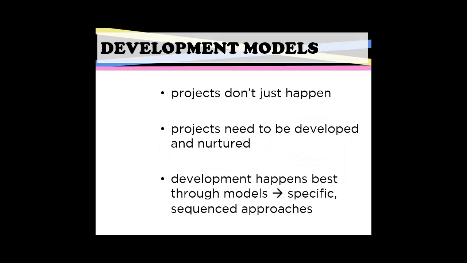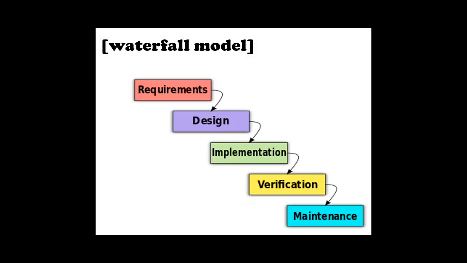Along with the project life cycle and ways of mapping it are project development models. There's no one right way to map a project, and there's no one right model to use. But there are good models in general, which help us see how we can best start, develop, and nurture different types of projects. For instance, there's the waterfall model, which begins with project requirements, moves into design, then into implementation and verification, and then maintenance.